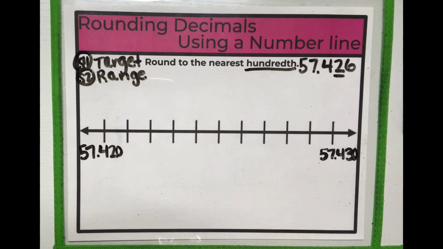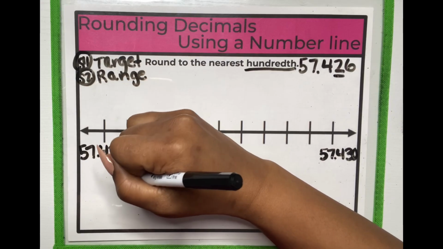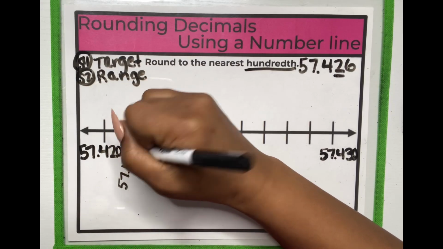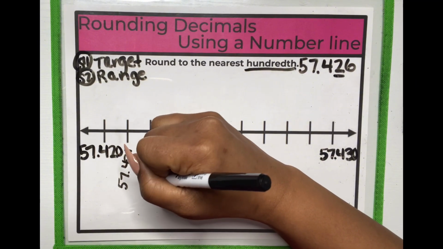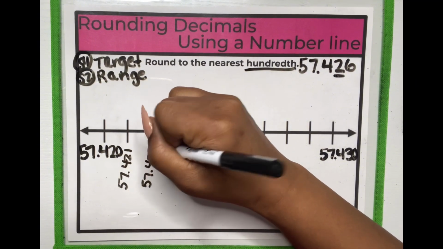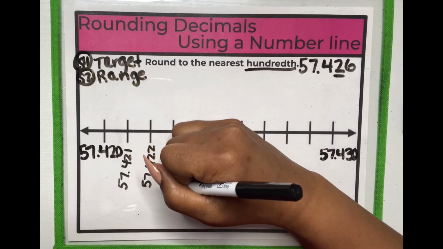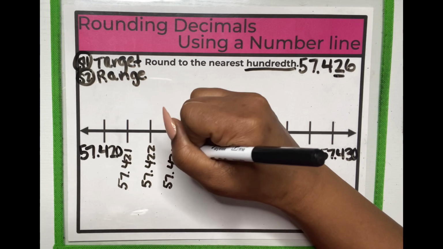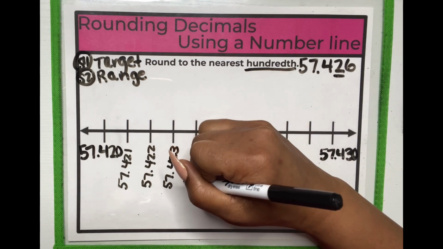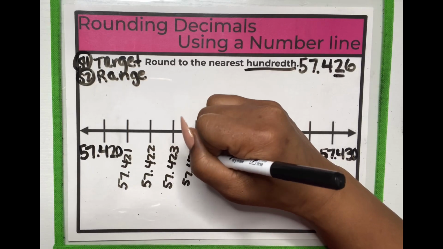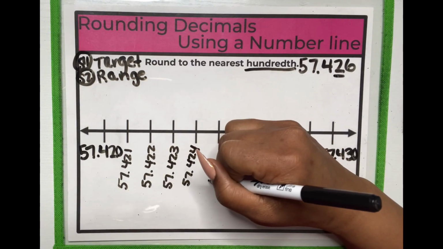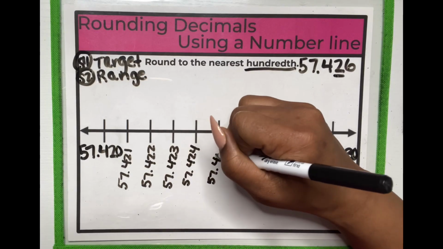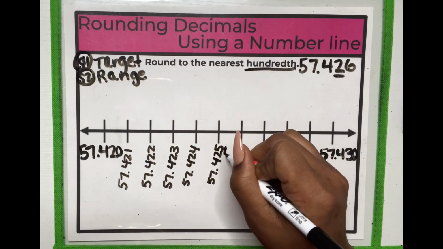If this is 57 and 420 thousandths, then the next one would be 57 and 421 thousandths, then 57 and 422 thousandths, 57 and 423 thousandths, 57 and 424 thousandths, 57 and 425 thousandths.